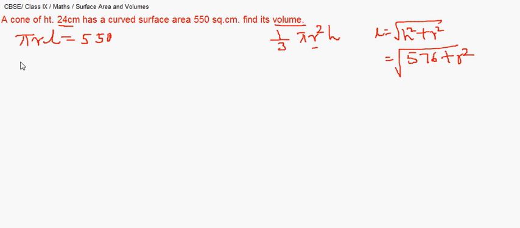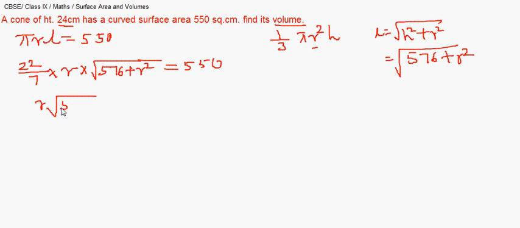So pi r L is 550. So we better square both the sides. That will help us, I guess. Or let me just move the 22 by 7 to the other side. In that case it will be easier.